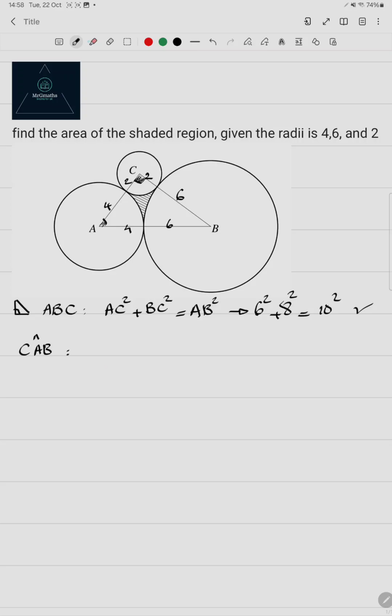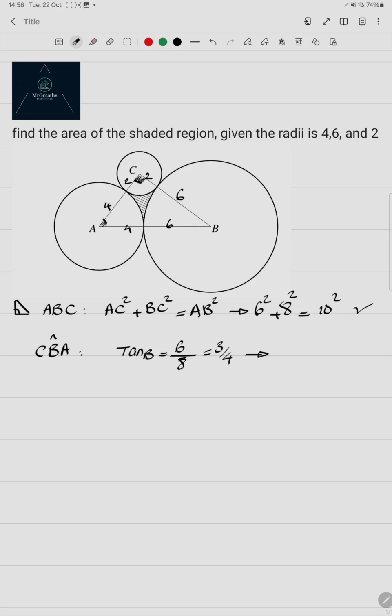I have no particular reason, I just prefer to find B first. So CBA, same thing. Tan B is equal to opposite, which is 6, over adjacent, which is 8, so 3/4.